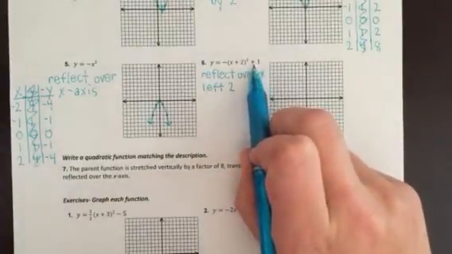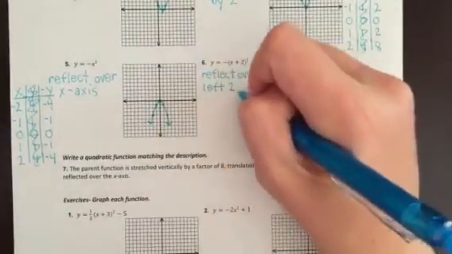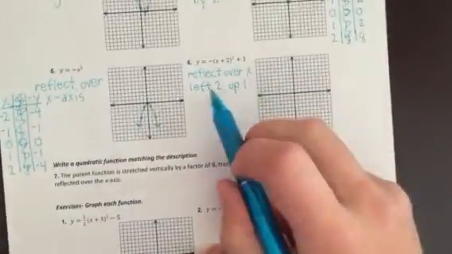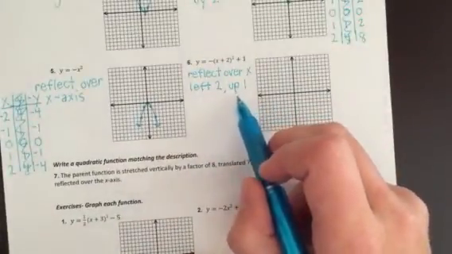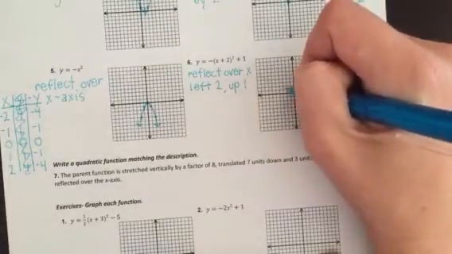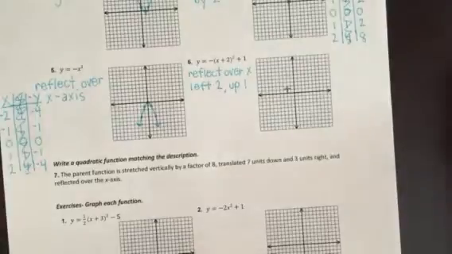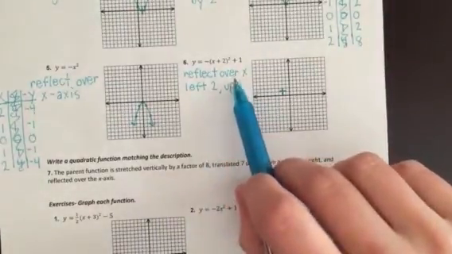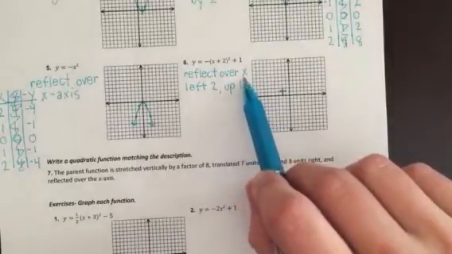And the +1 on the outside is going to shift it up 1. Okay, so the first thing I need to do is shift my origin. So my origin shifts left 2, up 1. So I'll put my plus sign there. That's my new origin. Okay, and then from there, I know that my graph is going to reflect over x.